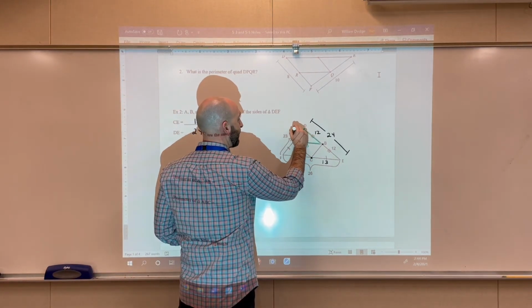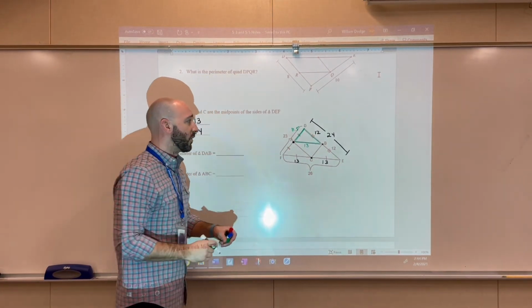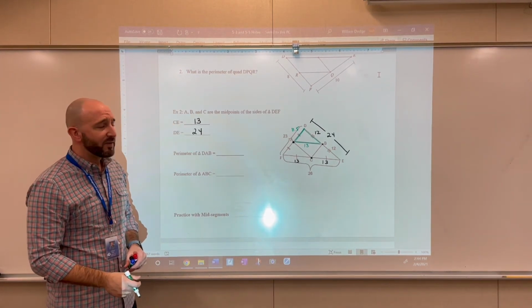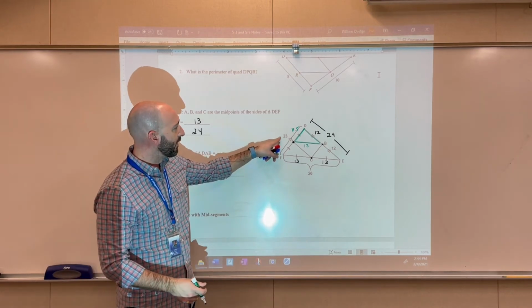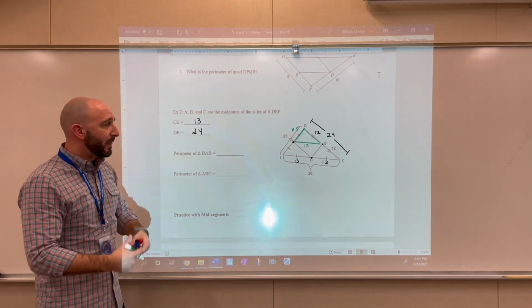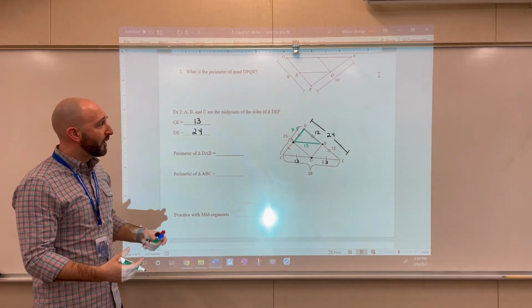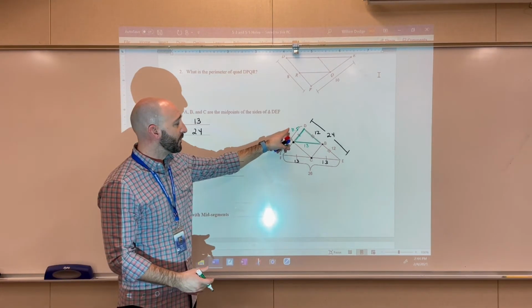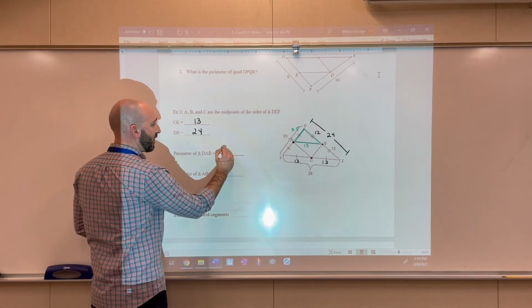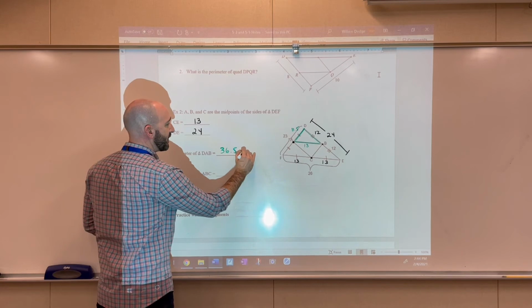All right, so 23 divided by 2 would be 11.5, which is, again, the length of segment DF divided by 2. And now what we can do is we can add those three lengths up. So 12 plus 11.5 plus 13, that should be 36.5 units.